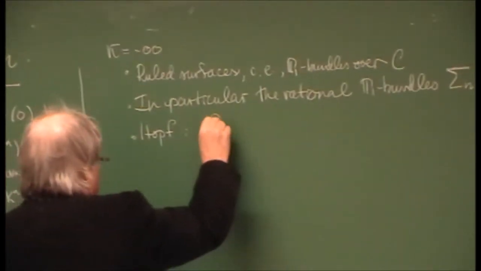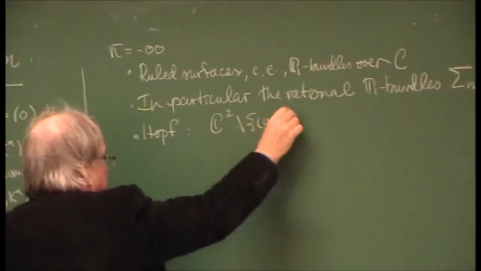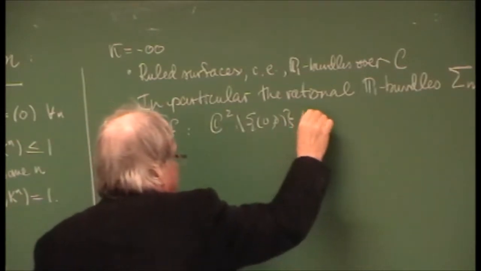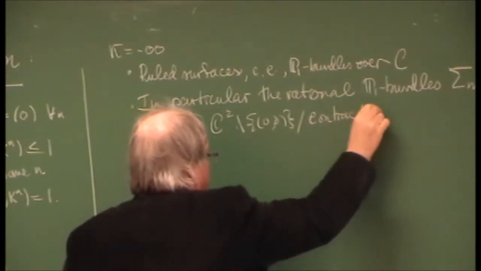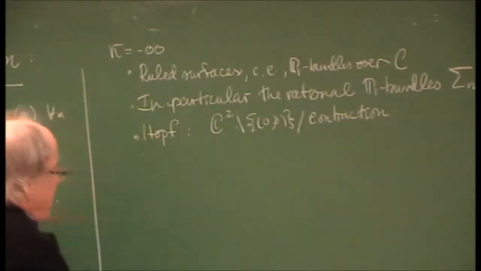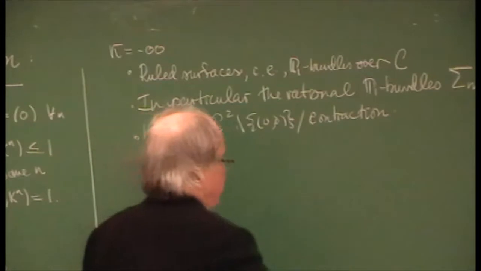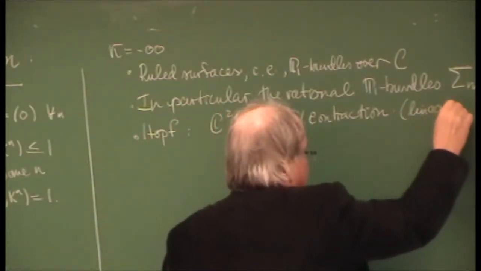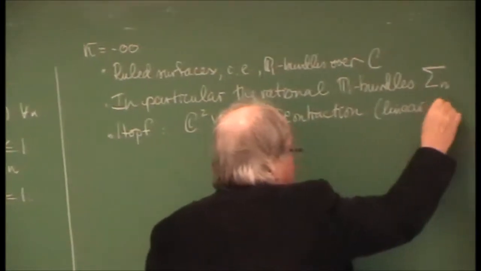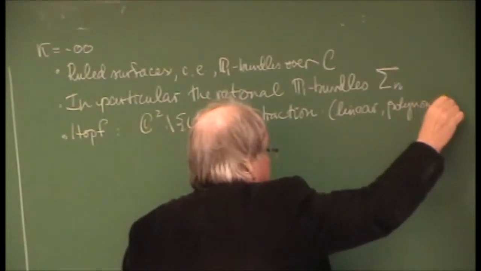This is C2 minus 0 modulo a contraction mapping. And it could be a linear contraction, as yesterday, or a polynomial one in the classification, which is well known nowadays.